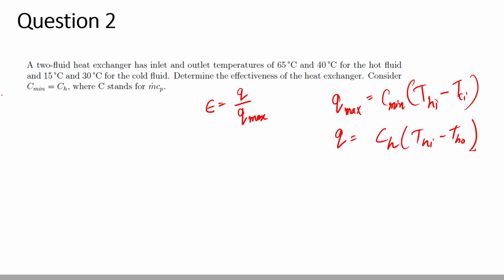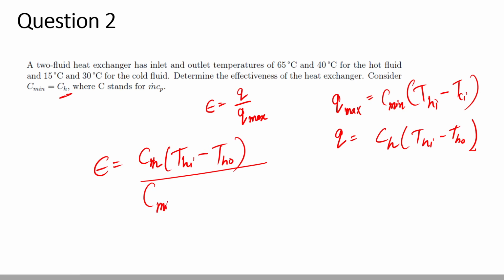Since in this question we have been given C min equal to CH, we consider this hot fluid, or else we could have considered the cold fluid also. Now if we take a ratio of both of these terms, epsilon, that is effectiveness, we will be getting as CH into THI minus TH0 upon C minimum into THI minus TCI.